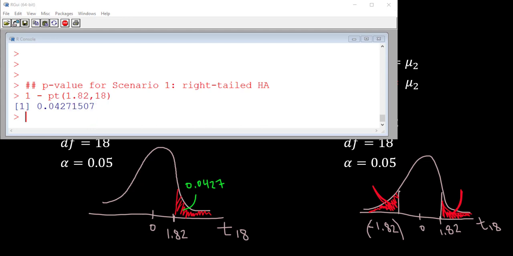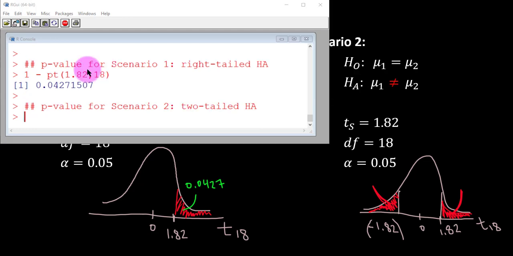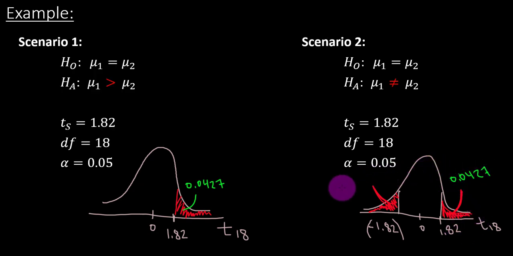Now let's consider the p-value for the two-tailed scenario on the right side. We have just found the area in the right tail, didn't we? 0.0427. That would also be the area in this left tail.